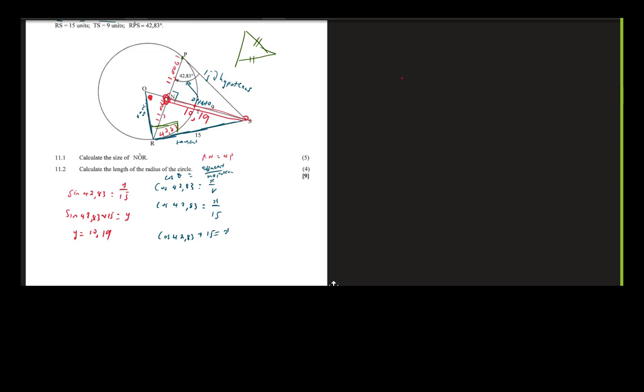And 42,83 is only this part of the angle. The whole angle should be 90 degrees because tangent is perpendicular to radius. So to find this smaller part which is missing, we say 90 minus 42,83. Are we happy with that one?